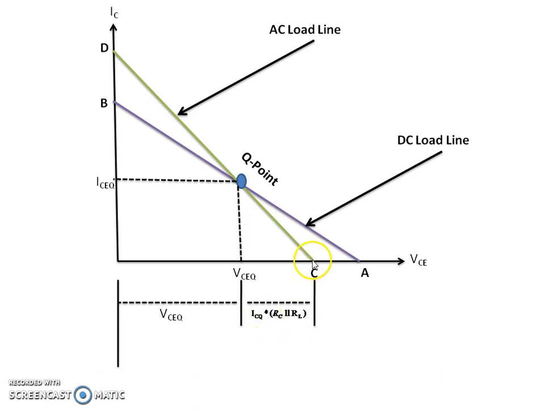So your total AC cutoff is the addition of these two components: VCEQ plus ICQ times RC parallel RL. Similarly, the saturation point can also be realized this way. This much is the constant component ICQ, and point D is evaluated as ICQ plus VCEQ divided by RC parallel RL.